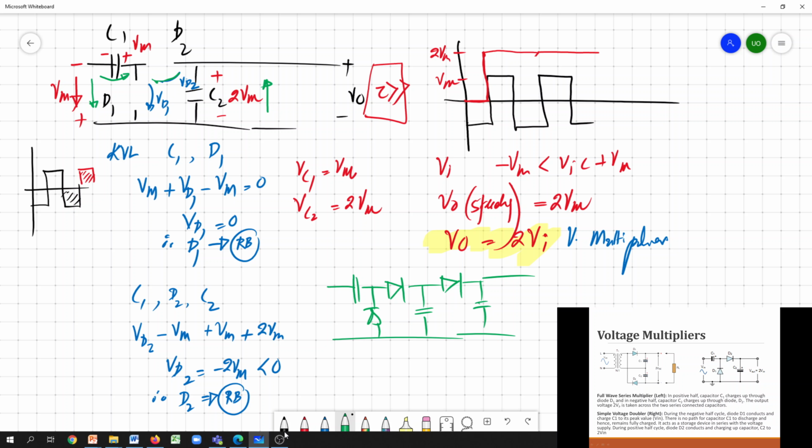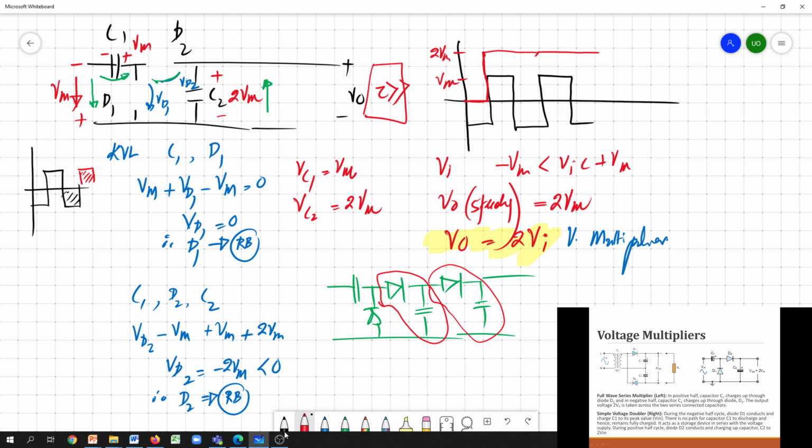So we basically extend this type of circuit by connecting this kind of diode capacitor bank. Once you add these diode capacitor banks to the circuit, you can boost your voltage to n times of this.